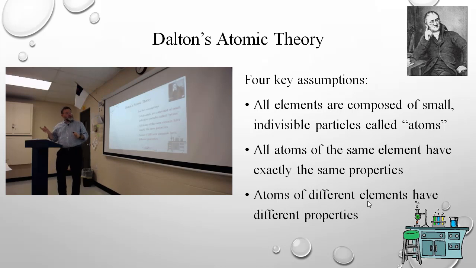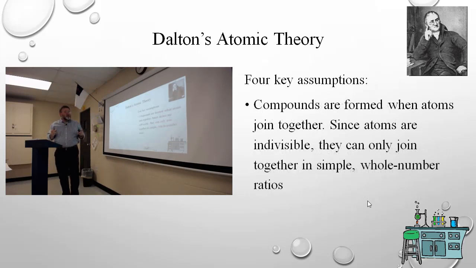And the last point, which has to go on another slide because there's just not room, is this idea that compounds are formed when atoms join together. He said we get this complex stuff because simple stuff comes together and makes it. But since these pieces are indivisible, they have to come together all or nothing. Let's say we're trying to make H2O, and we've got HO, which would be the Christmas molecule, right?